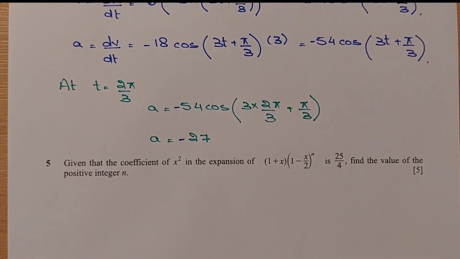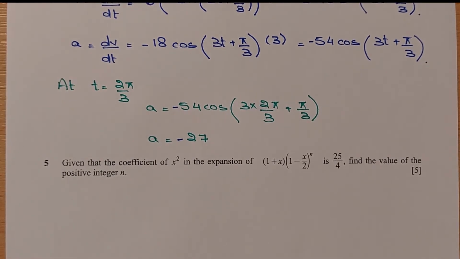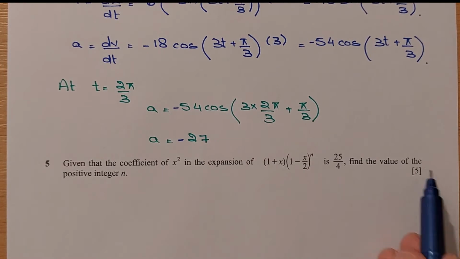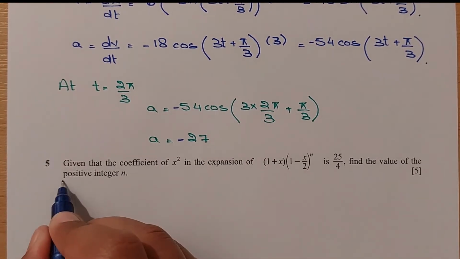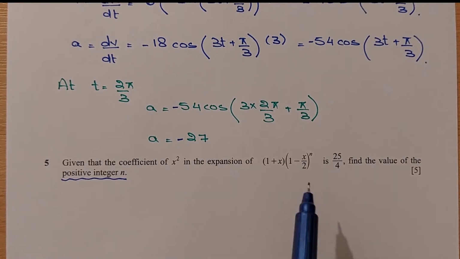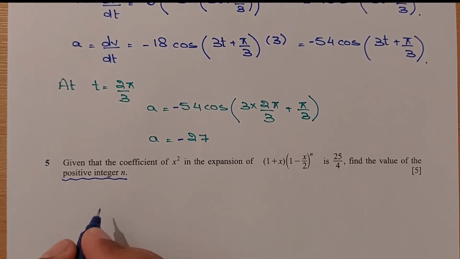Yes. Now for question number 5, given that the coefficient of x squared in the expansion of this is 25 by 4, find the value of the positive integer n. So n must be a positive integer, right? So let me open this expansion till the x squared, right?